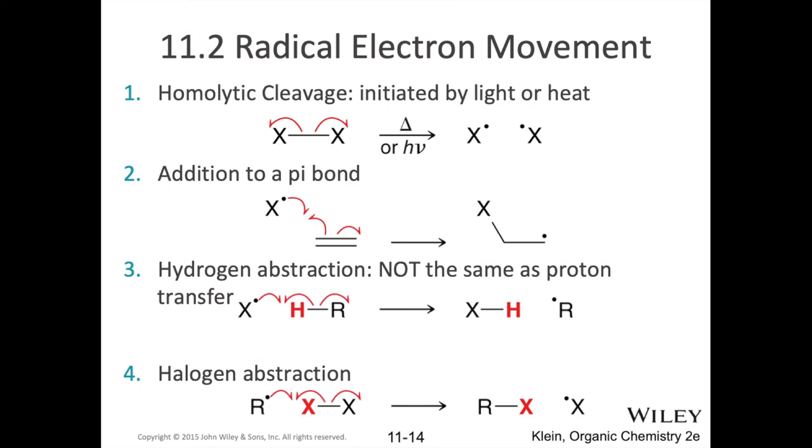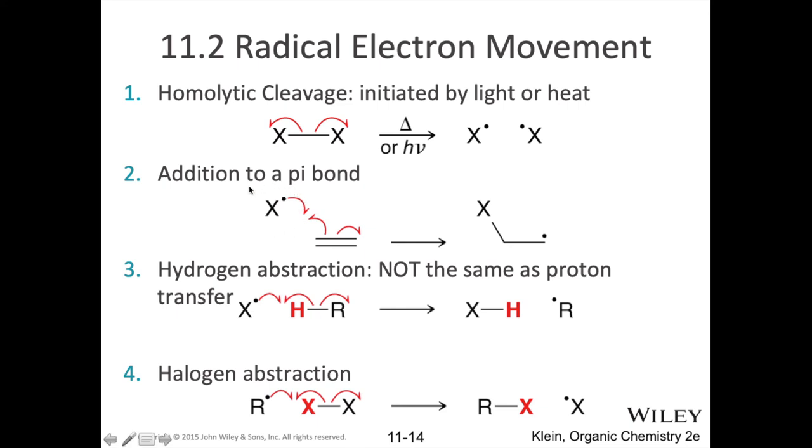Okay, so typically you'll see the Greek letter delta representing heat, or h nu, okay, that's Planck's constant and frequency, together representing energy from light. Either of those will be written on top of your arrow, okay, to show that that's what's pushing that reaction forward, what's initiating that reaction.